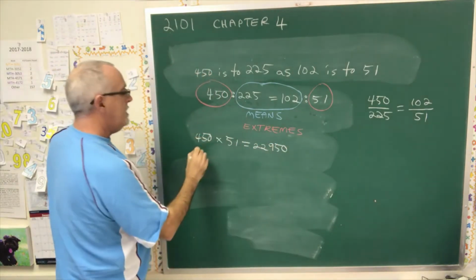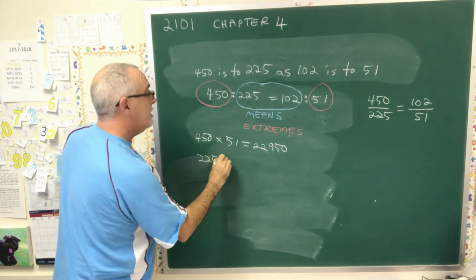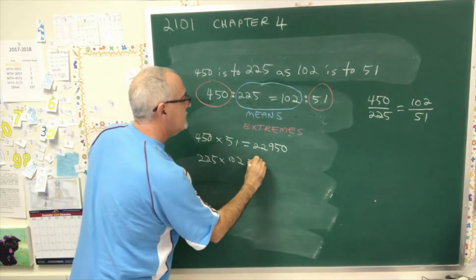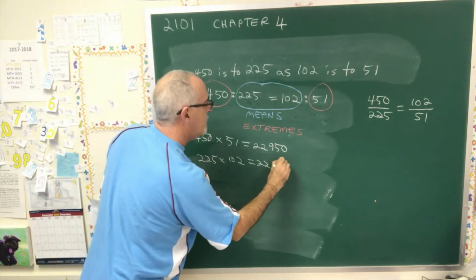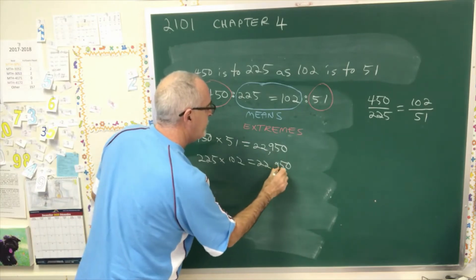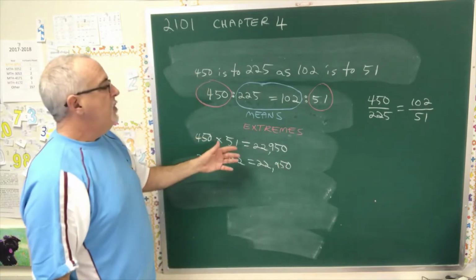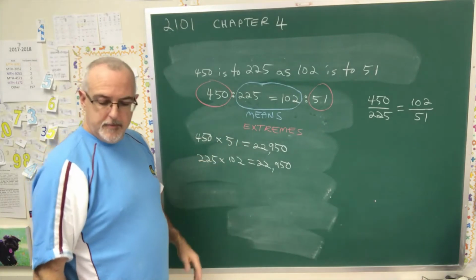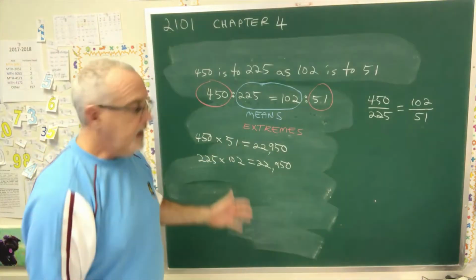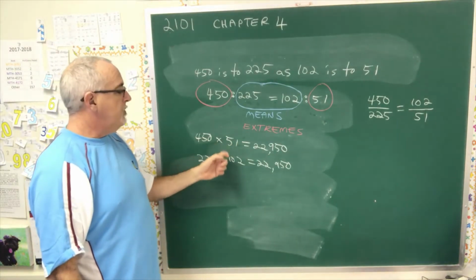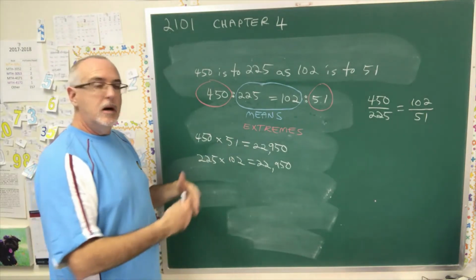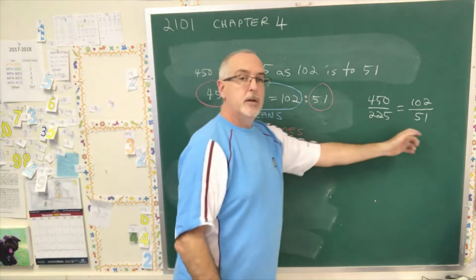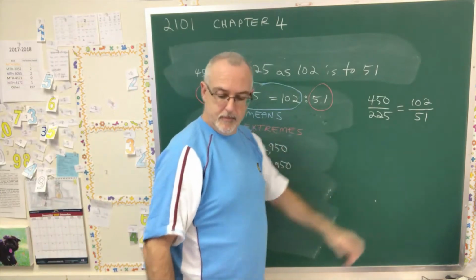And then the means, 225 times 102 also gives me 22,950. Well, we kind of knew that was going to happen. The product of the means equals the product of the extremes, always, if the situation is really proportional.